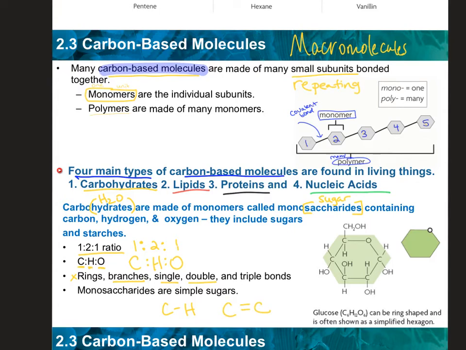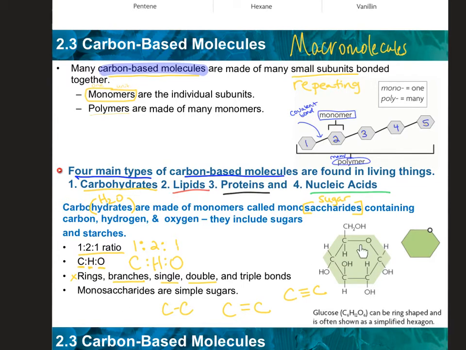They could have a triple bond, which would look like this. And actually, I should have made that a carbon. So they can be a little bit complex because they can be rings, branches, and have single, double, or triple bonds. And the most simple sugar that we can talk about is called a monosaccharide.